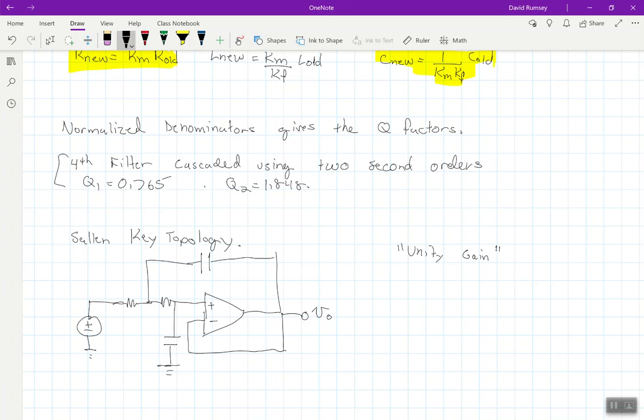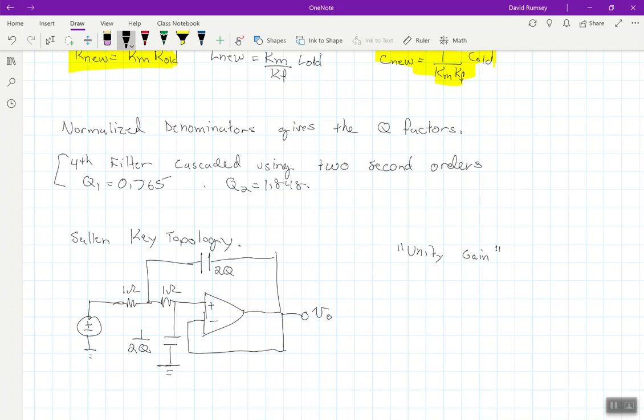Now these component values, there are different ways to have these be, quote, normalized. But one typical way of doing this is 1 ohm, this is 1 ohm, this capacitor value is 2 times whatever the quality factor is, and this is 1 over 2Q, whatever the quality factor is. And that's again to spread the poles out.